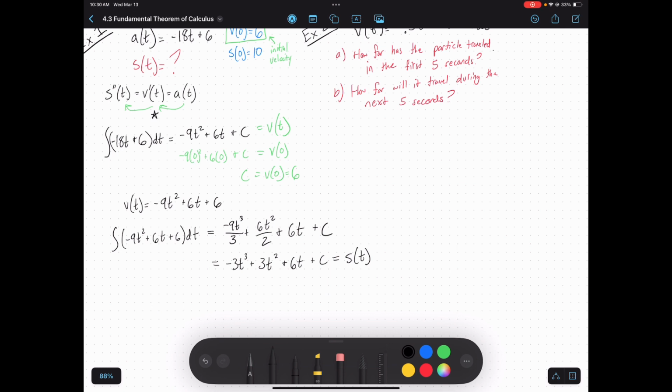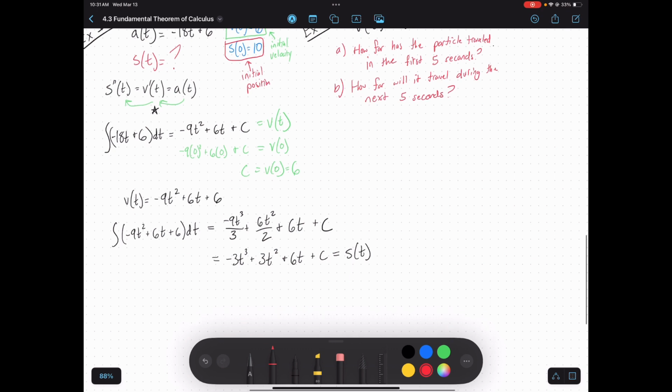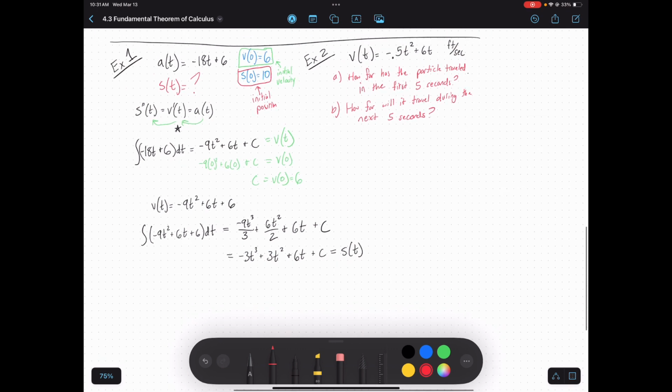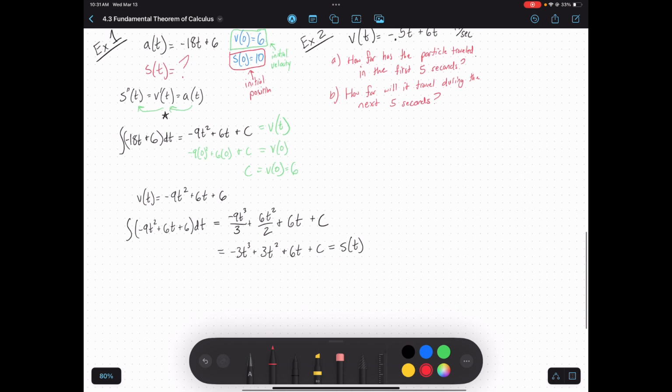How do I know it matches my specific particle? Well, that's where this comes in. S of 0 equals 10 is my initial position. So I can plug 0 into this position function and see what I get out and make sure that that's going to be 10.